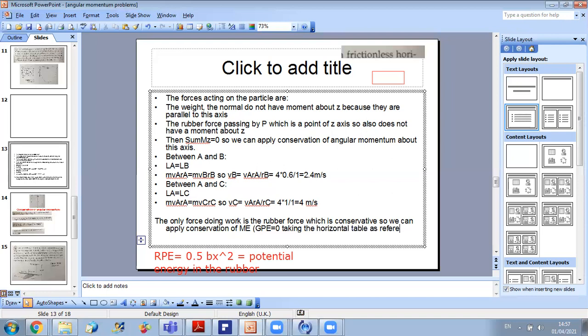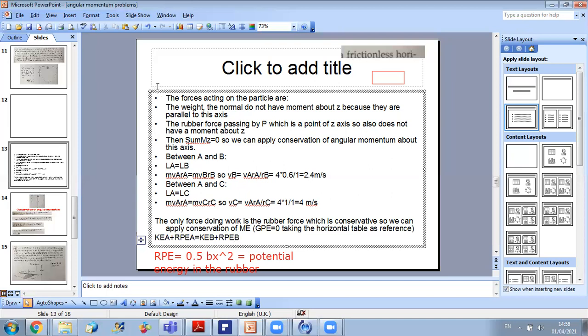So what we still have is that the kinetic energy of the particle at state A plus rubber potential energy at state A equals the kinetic energy at state B plus rubber potential energy at state B. Okay?